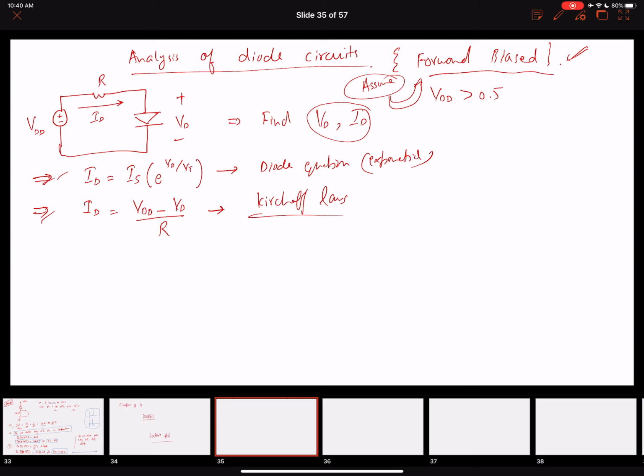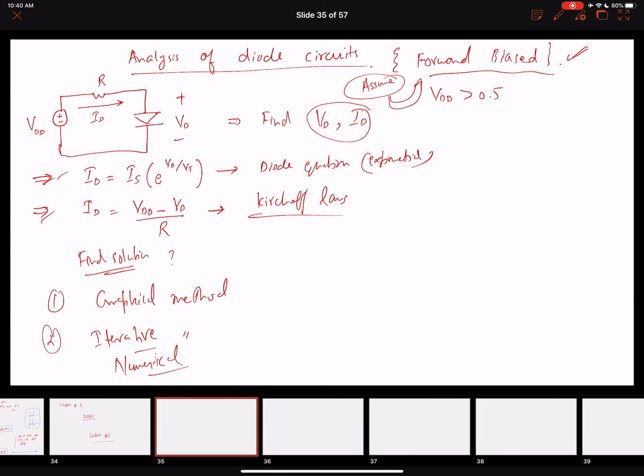For example, if we have to solve this, we can use a graphical method, and we can use an iterative numerical method. So we're going to discuss both of these methods in this lecture today. All right. Let's call this equation 1 and this equation 2.